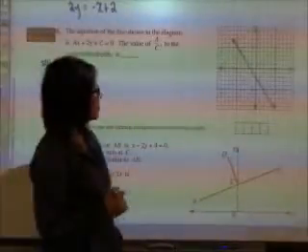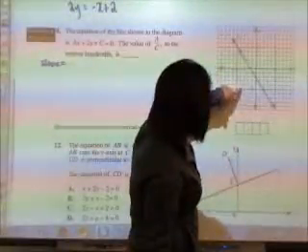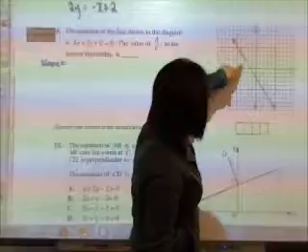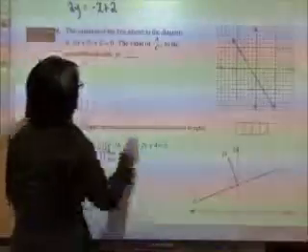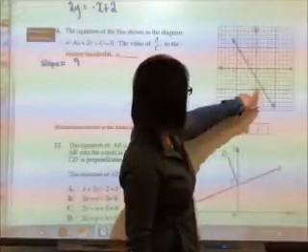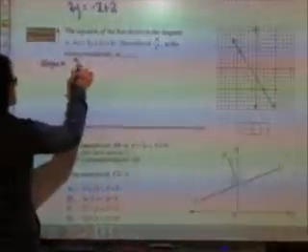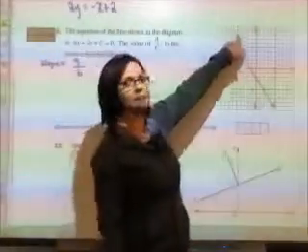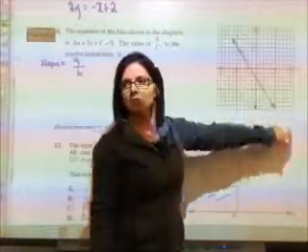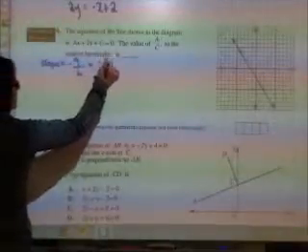Slope is rise over run. So I have a rise of 2, 4, 6, 8, 9, and a run of 2, 4, 6. Now remember, this is a negative. So this is going to be a negative 9/6 or a negative 3/2.